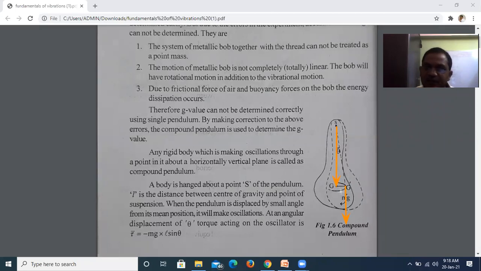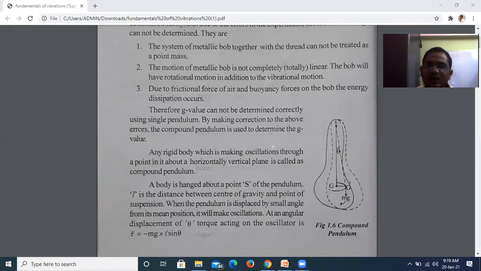Okay. So when the point G displaces to the position G dash, then from the point S to G dash, this will be the L dash. This will be the length. In this triangle SGG dash, you observe the figure, triangle SGG dash, sin theta equals opposite side by hypotenuse, then GG dash will be, what is that?